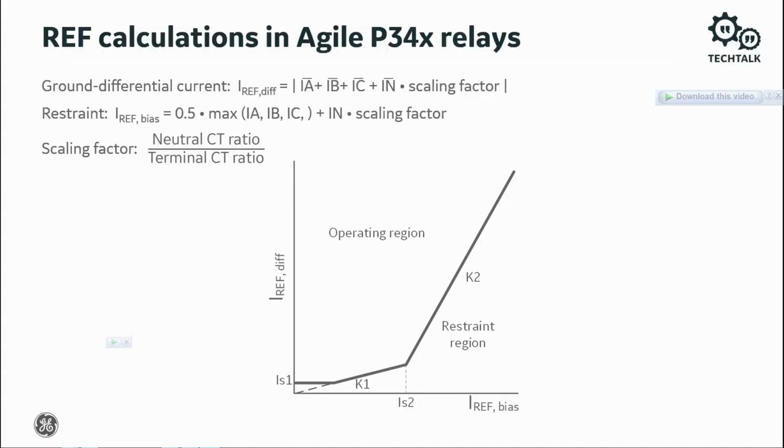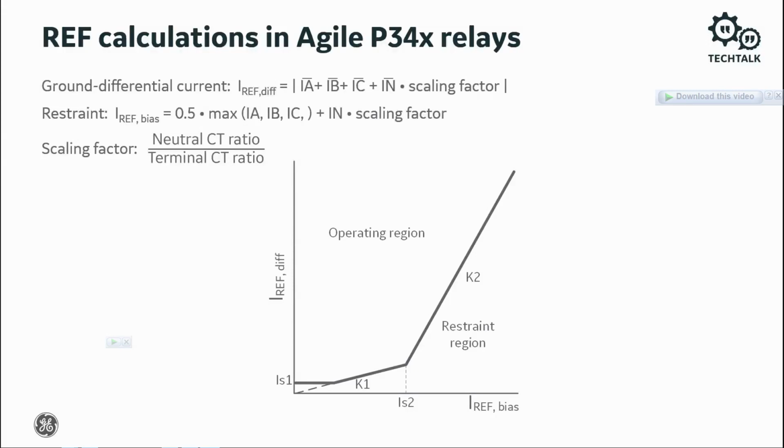The IREF K1 bias level is applied to through currents up to IS2, which normally is set to the rated generator current. Additionally, IREF K1 is set to 0 to give optimum sensitivity for internal faults.